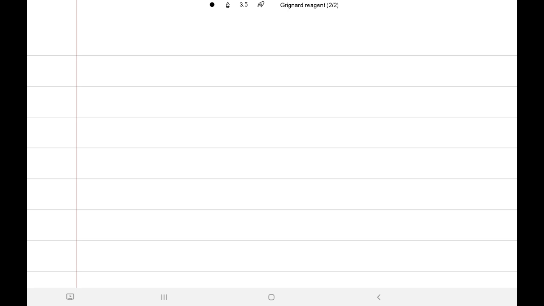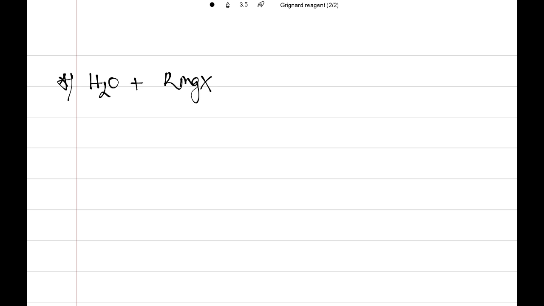So I want to discuss the basic character of this R minus. First I am taking water, which is a polar protic solvent. When H2O reacts with RMgX, we can take CH3MgBr or C2H5MgBr, like that. We get RH along with MgOHX.